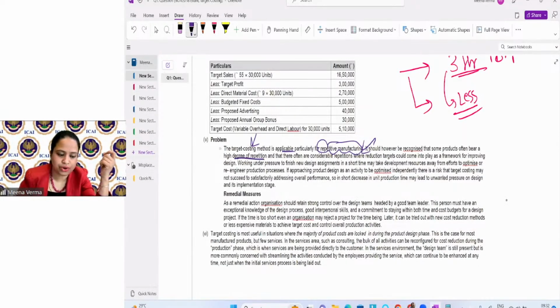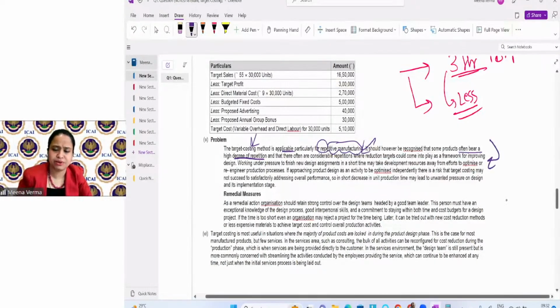Learning curve is applicable when the labor works the same task repeatedly, and that reduces the labor cost and increases the efficiency of the labor.